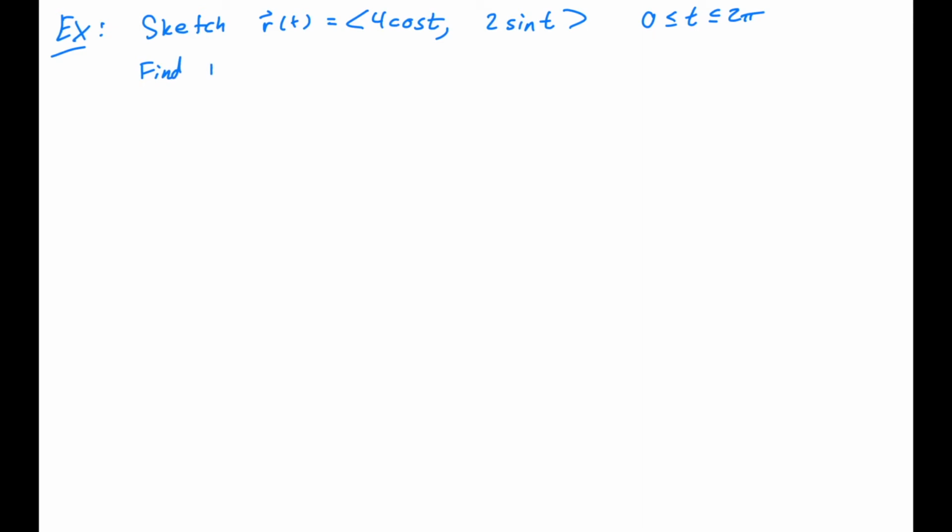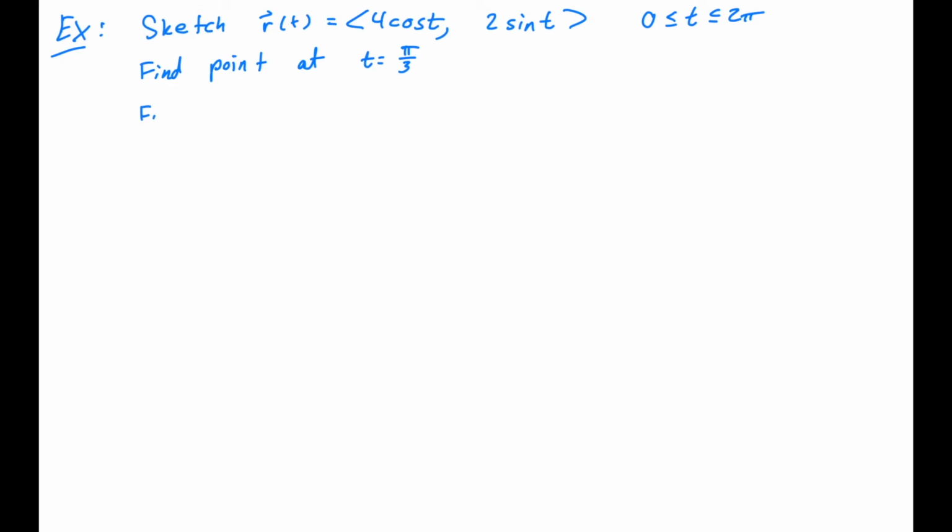So, sketch r of t, a vector valued function with only two components. This should be easy for you by now. It's just like a parametric equation. I'll give you a domain. Find the point at t equals pi over 3.